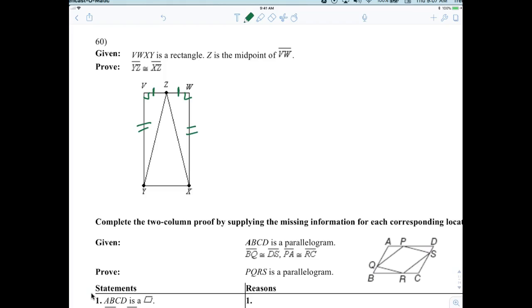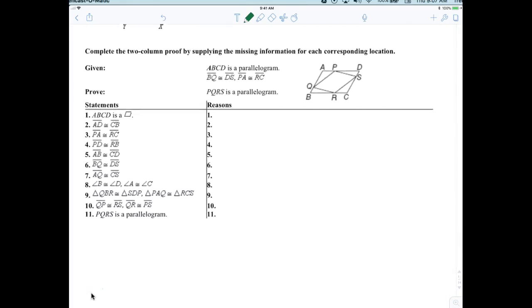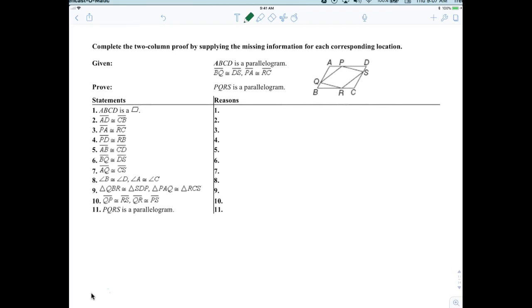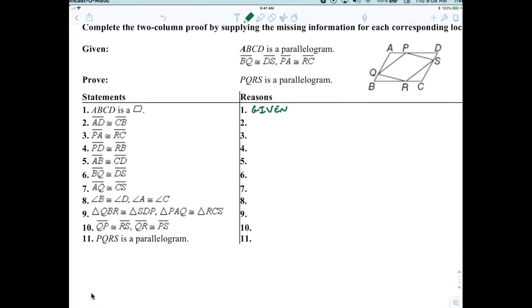So now, the next one. It's kind of annoying, a little bit longer. I almost erased everything, but because there were so many steps in here, I just wanted to walk you through it. ABCD is a parallelogram. Obviously, that's what? Given. Now it says AD is congruent to CB.